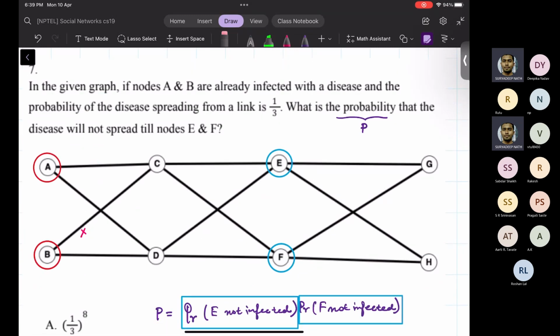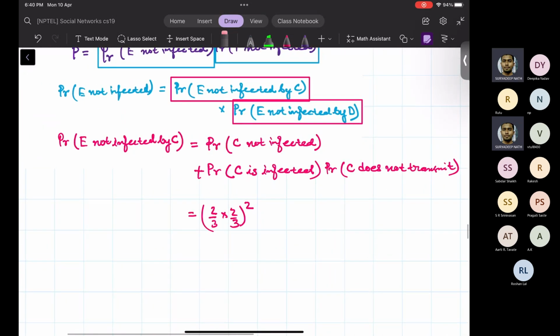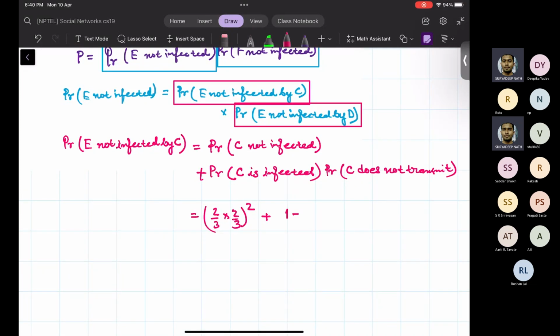Now, what is the probability C is infected? Probability that C is infected would be basically 1 minus 2/3 into 2/3, because C can be either infected or not infected.